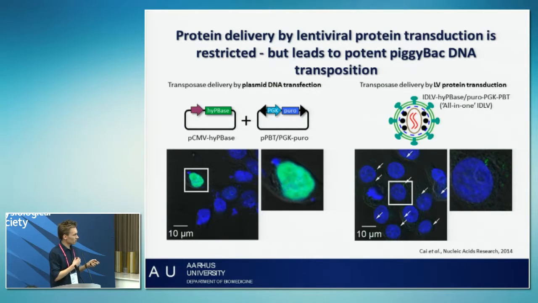Now this really shouldn't come as a surprise because we use quite a strong promoter to drive expression of piggyBac transposase. But when we looked at cells that had been transduced with our lentiviral particles carrying the transposase, we almost weren't able to see the transposase at all. And all we could see were these small foci here.